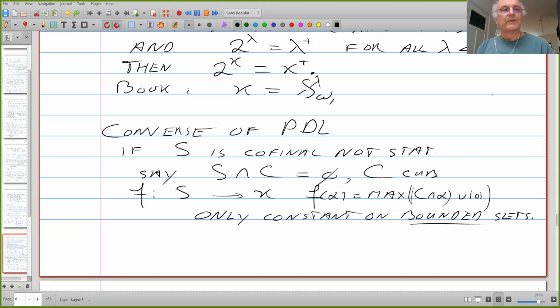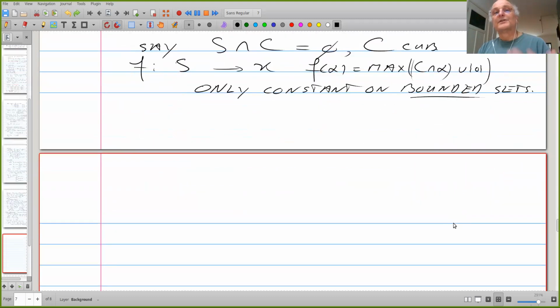So the pressing down lemma is an if and only if. If you're stationary, then regressive functions are constant on stationary sets. If you're not stationary, there are regressive functions that are only constant on bounded sets.